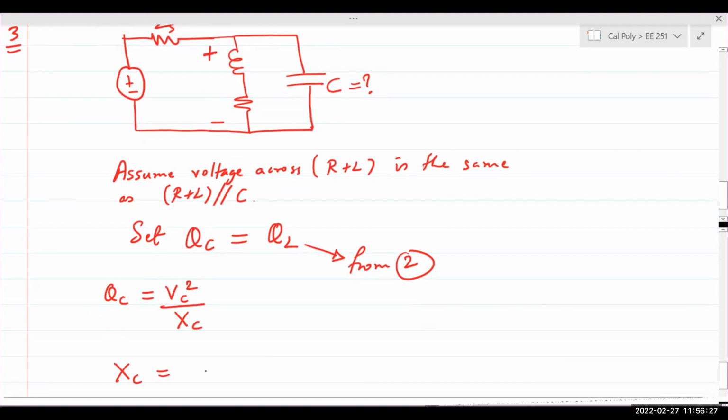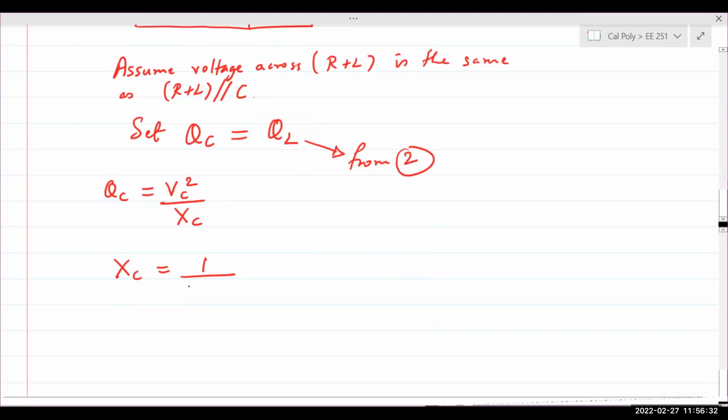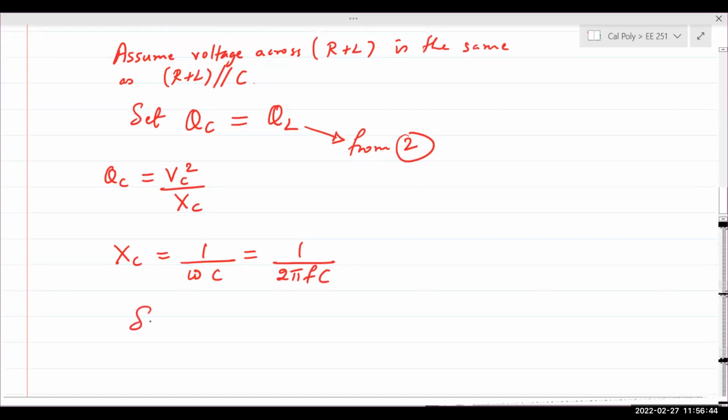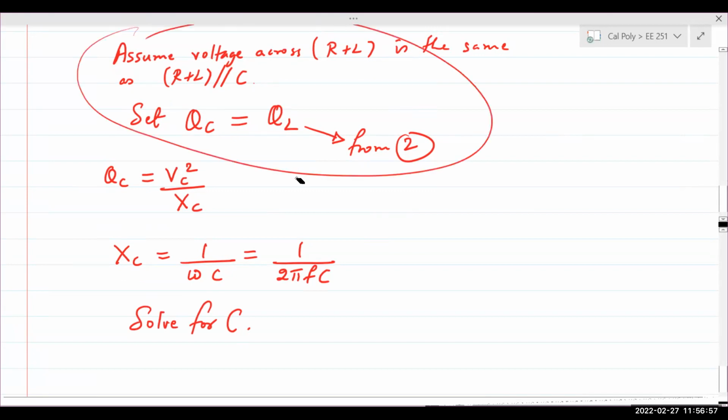XC can be written as 1 over omega C, or 1 over 2 pi F C. Then you solve for C. And that's it. That's all you have to do. It's 3 equations, 3 steps. But the important thing is you have to make this assumption at the beginning, without which you will not be able to solve this problem.